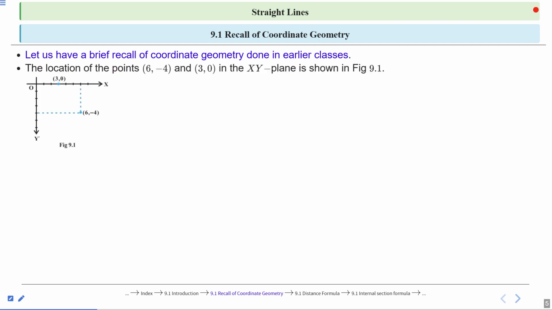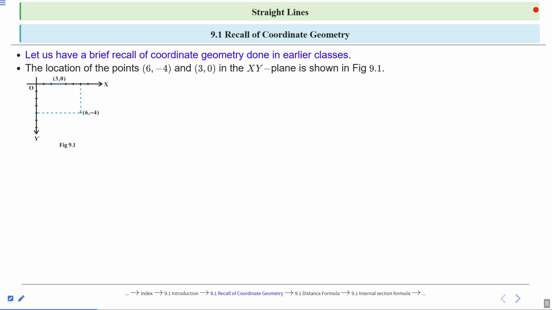The location of points: suppose we have the points (6, -4) and (3, 0). How can we locate these points in the xy plane, also called the Cartesian plane?